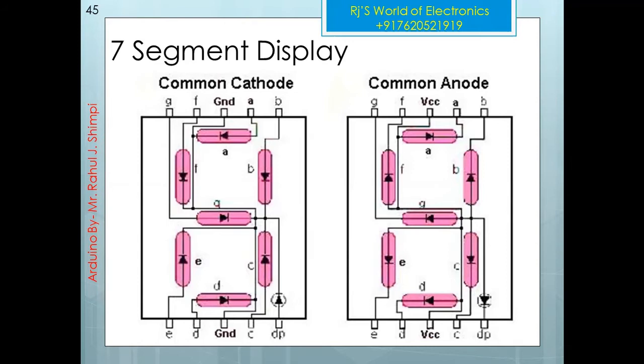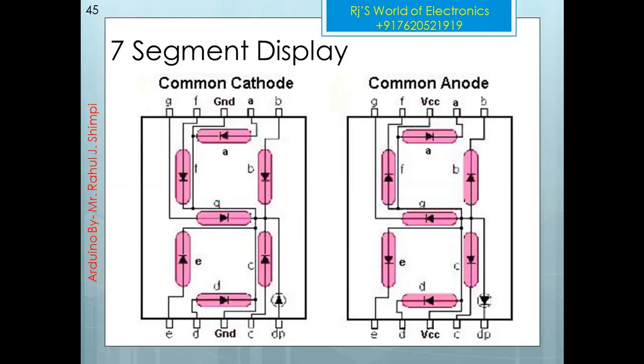At the bottom side from right to left, the first pin is DP, that is decimal point, then C segment, then common pin, then D segment and then E segment. So, depending on the type of display, the middle pin has to connect either to the ground or positive voltage.